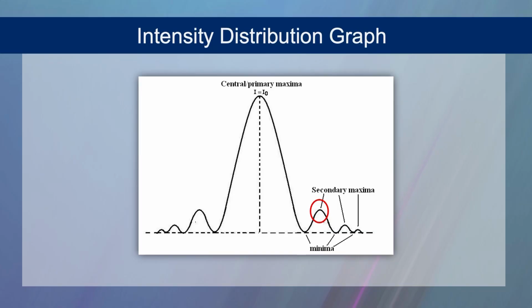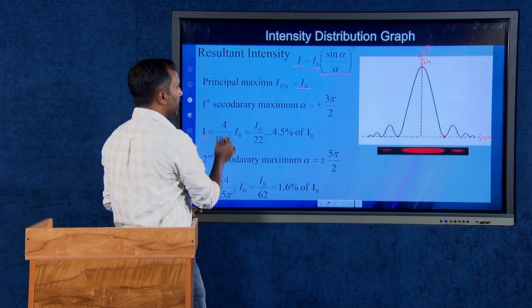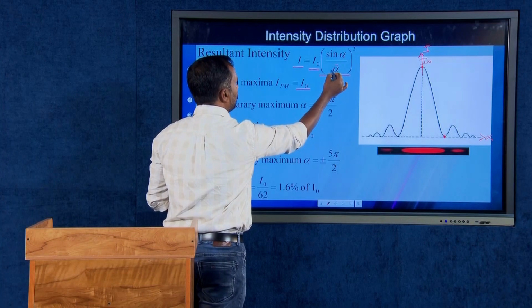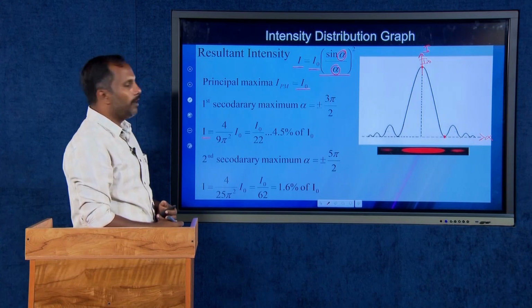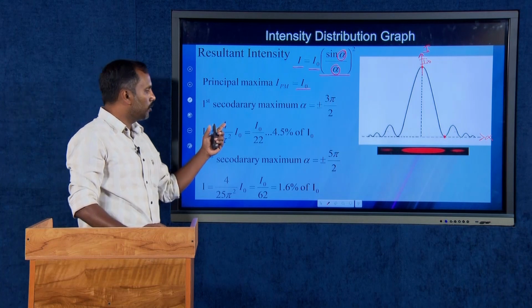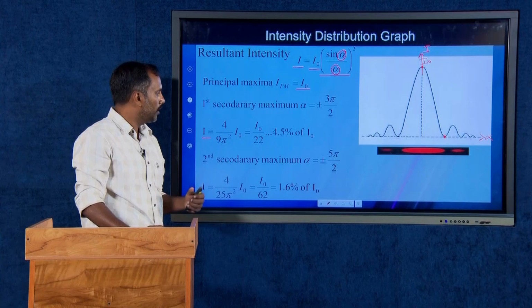Now, the first secondary maximum shall form at 3 pi by 2. At 3 pi by 2 you can calculate the intensity. If I substitute the value of alpha as 3 pi by 2, that gives the equation I is equal to 4 by 9 pi square into I0.